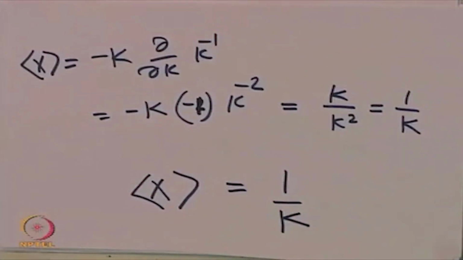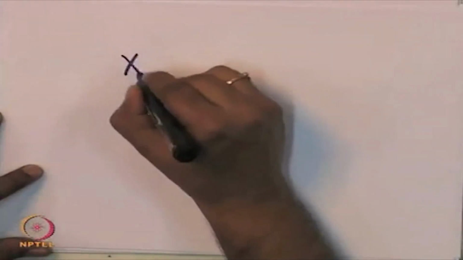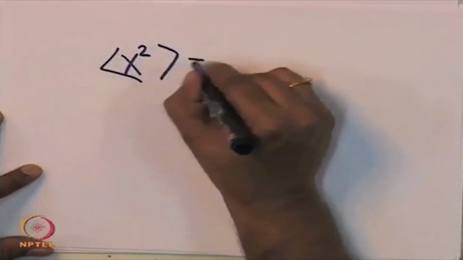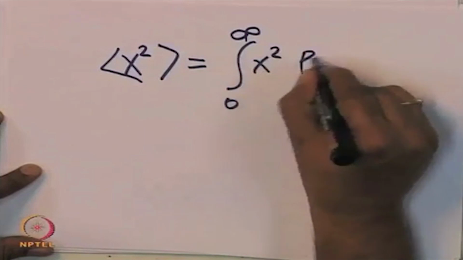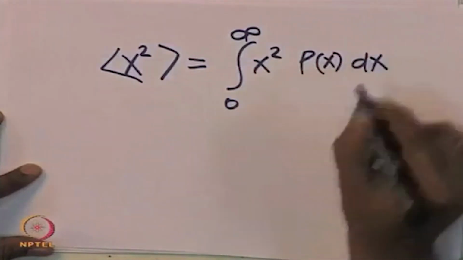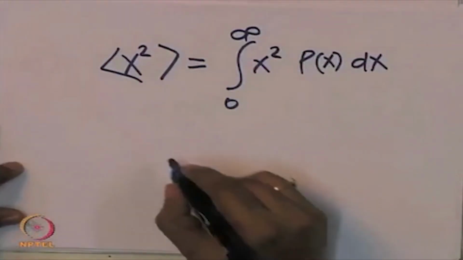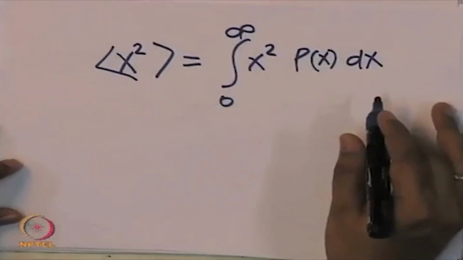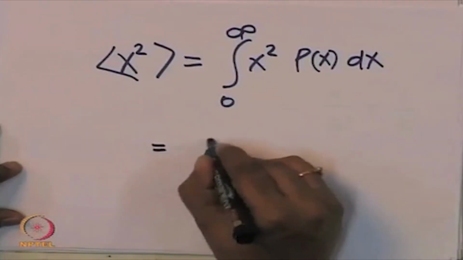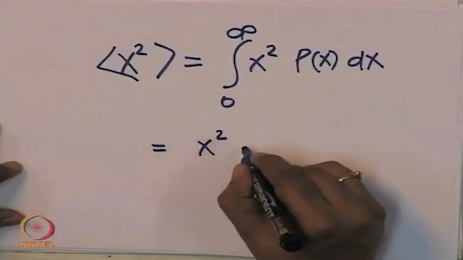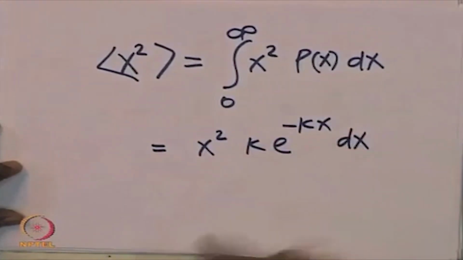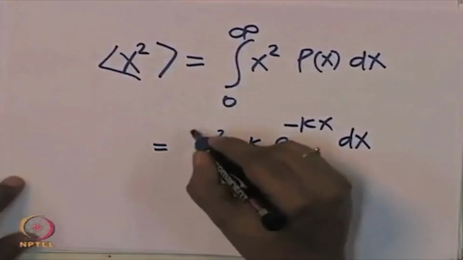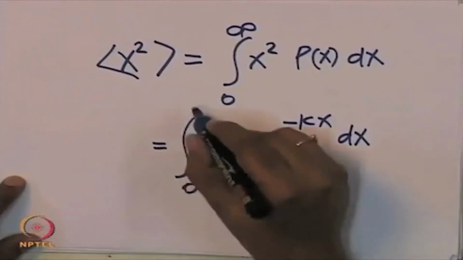Now, what is x square average? As we typically define, x square average is the integral 0 to infinity x square p of x dx. So, here we have x square k e power minus k x dx, integral 0 to infinity.